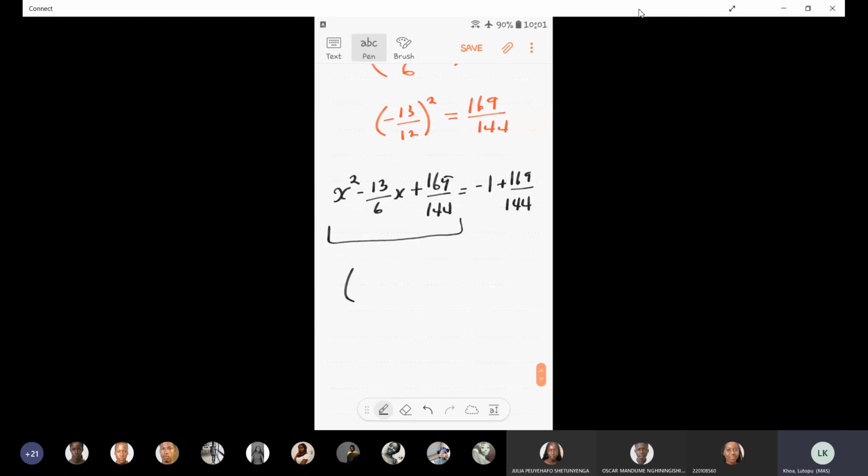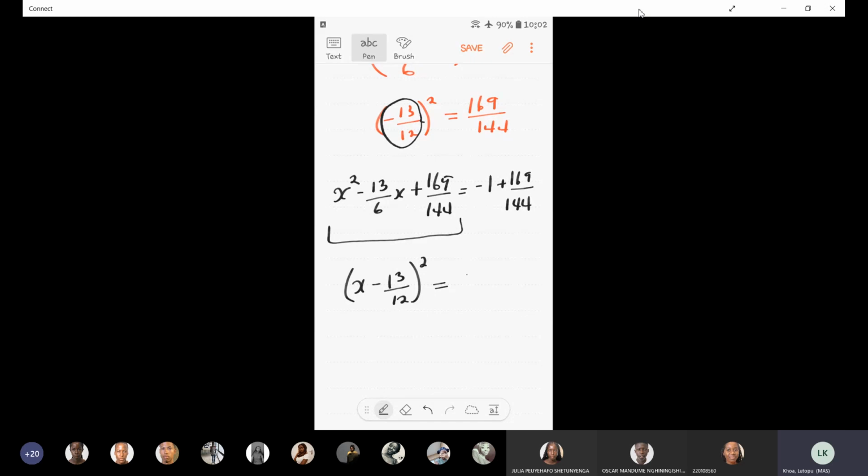So I open the bracket, I put an x. Then to work out what I put over here, I said I take this term the way it is. So this is minus 13 over 12, and then I square it. Then on the right hand side, I just combine those two terms, negative 1 plus 169 over 144.